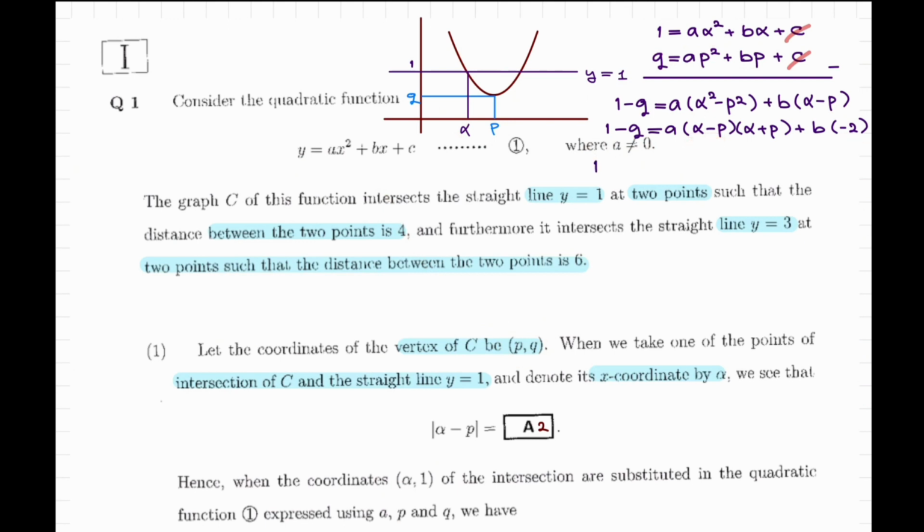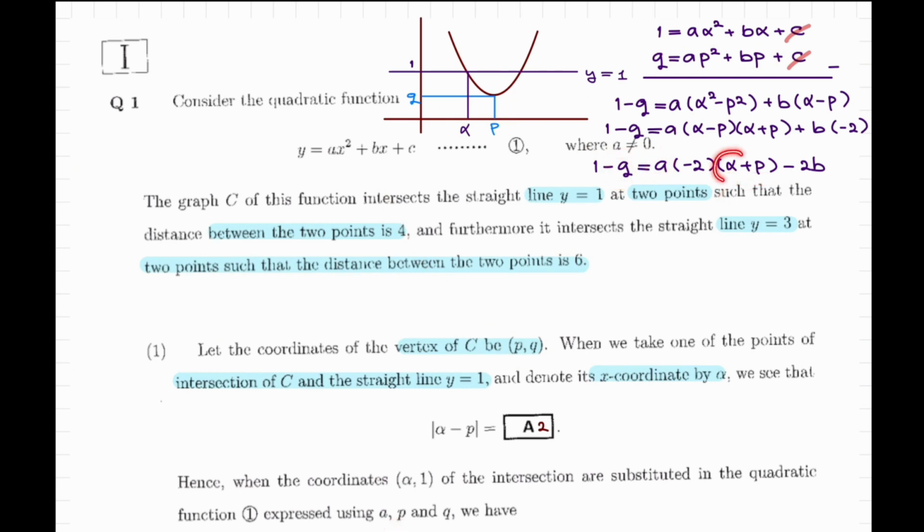Then I will have 1 minus q equals a times negative 2 times (alpha plus p) minus 2b. If you see my equation here, I just need to get rid of the alpha. I already have p here, I already have q and a, but I need to get rid of alpha.